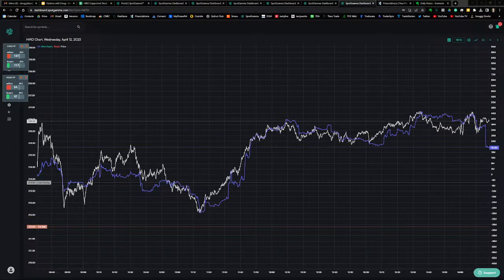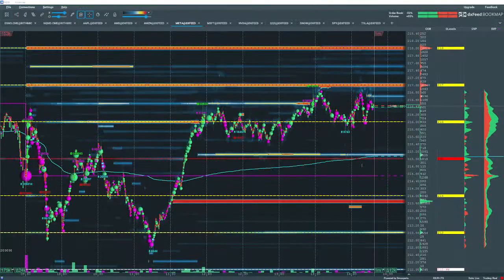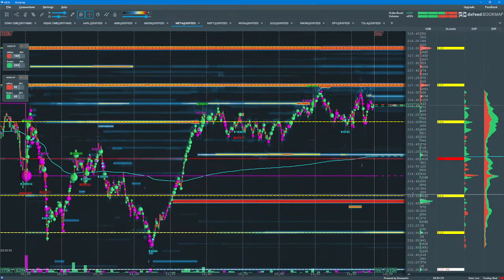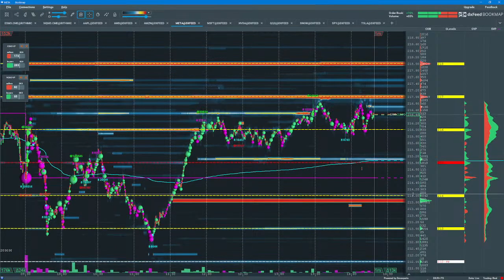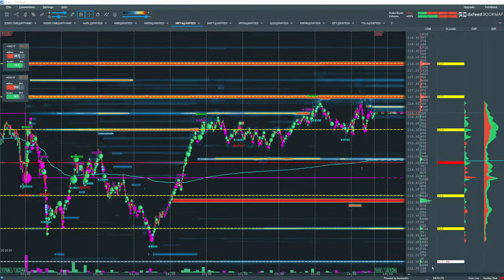Let's go take a look at Bookmap. There's Meta. There's the 212 put wall. Never came into play. And here's price reverses lower just below the 213 level.